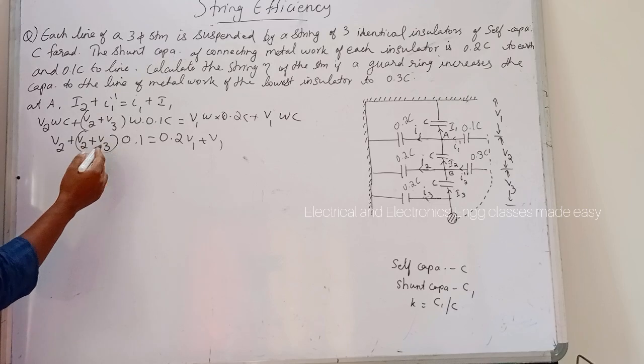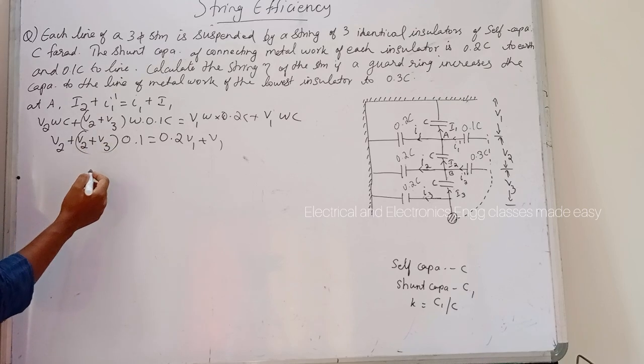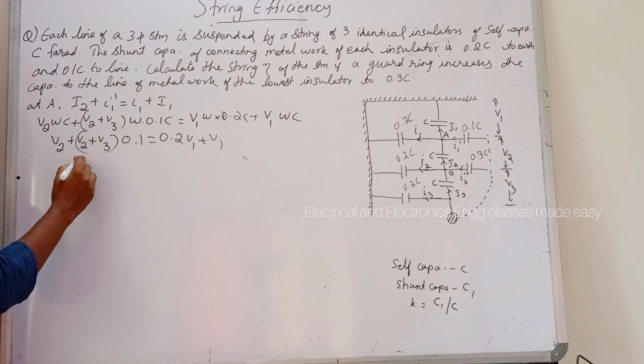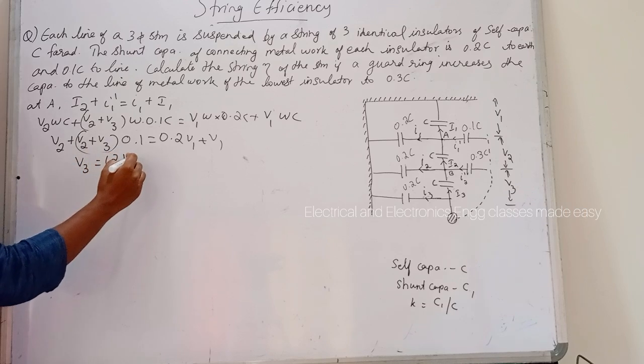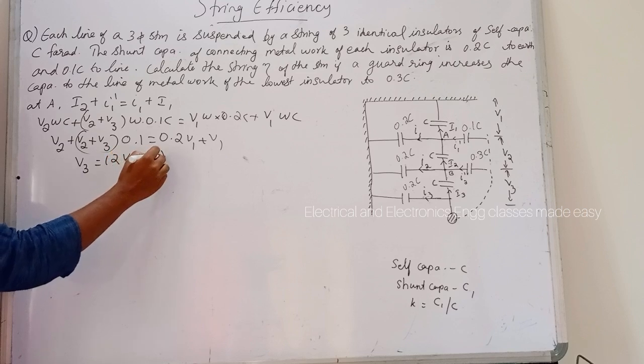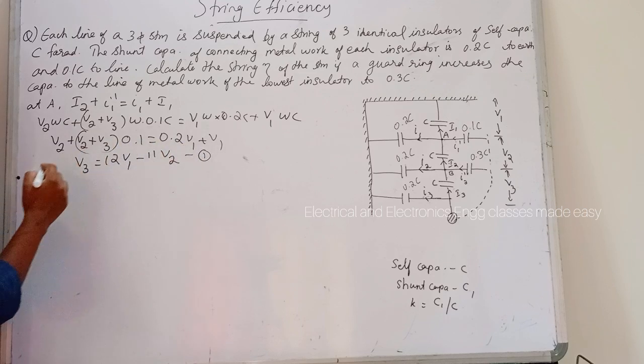So here we can rearrange this and we will get V3 is equal to 12 V1 minus 11 V2. So this is equation 1.